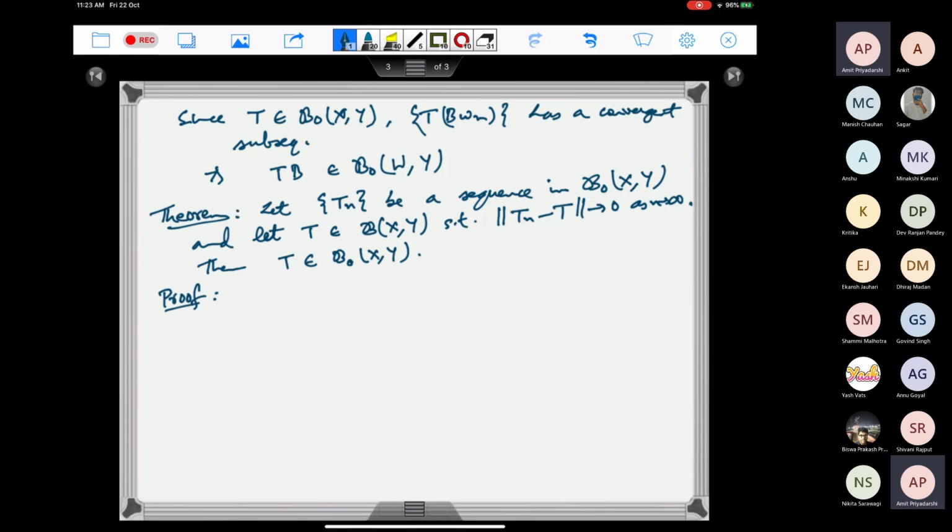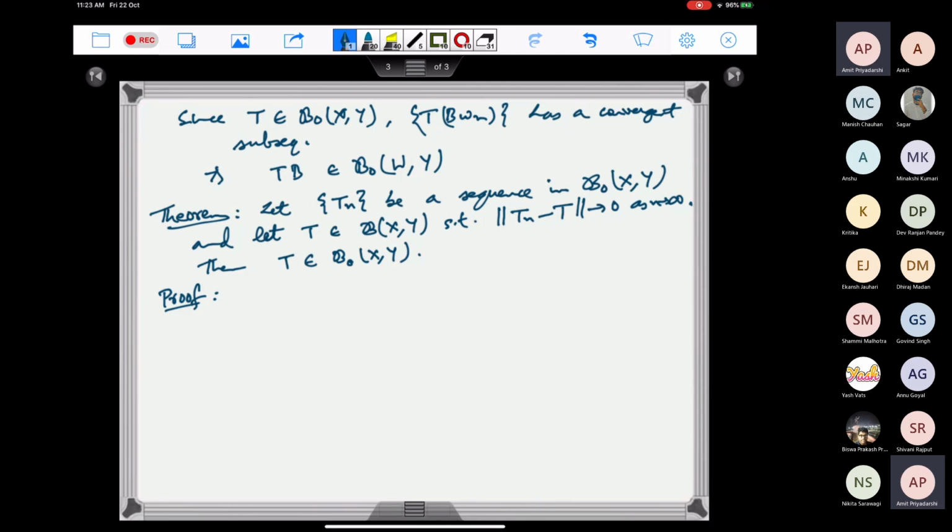So the proof of this. Okay, so let us take. We want to prove that T is a compact operator.